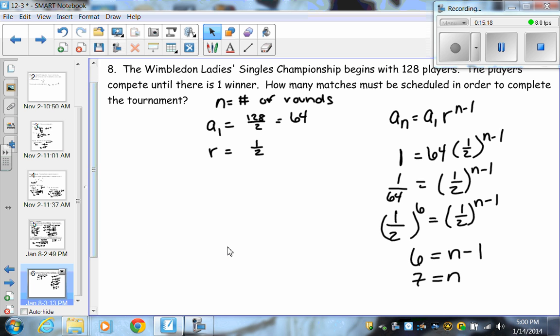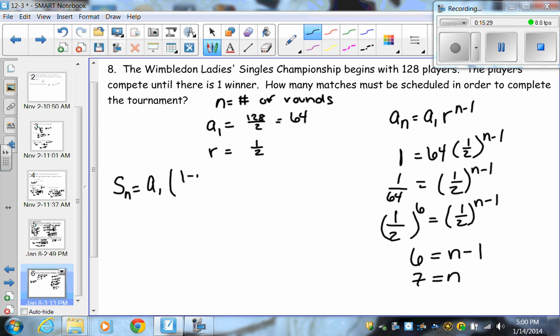So that tells me I need 7 rounds, but it doesn't tell me how many matches. So then we have the sum, which is a of 1 times 1 minus r to the n over 1 minus r. So the sum for 7 rounds would be 64 times 1 minus 1/2 to the 7th over 1 minus 1/2.